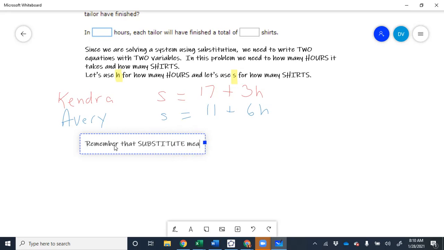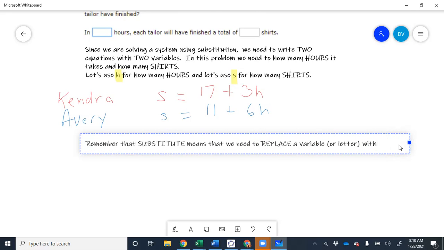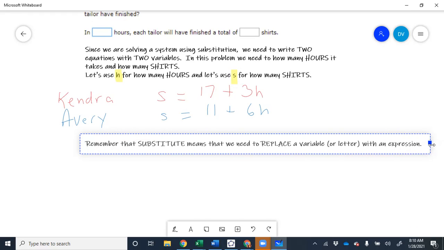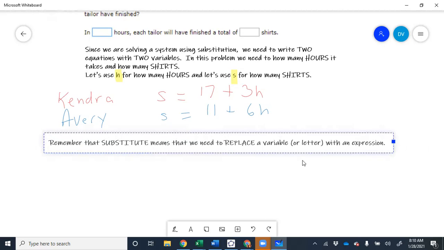All right, substitute means that we need to replace a variable or a letter with an expression. So that's what we're going to do.